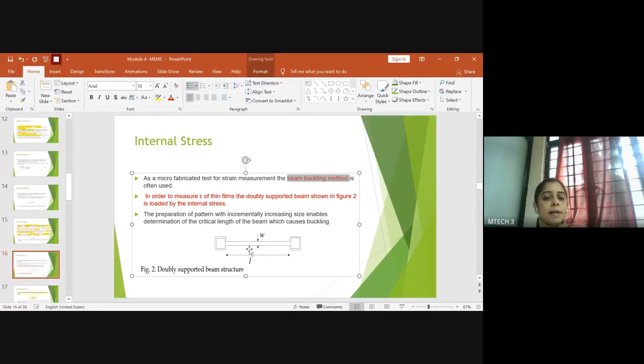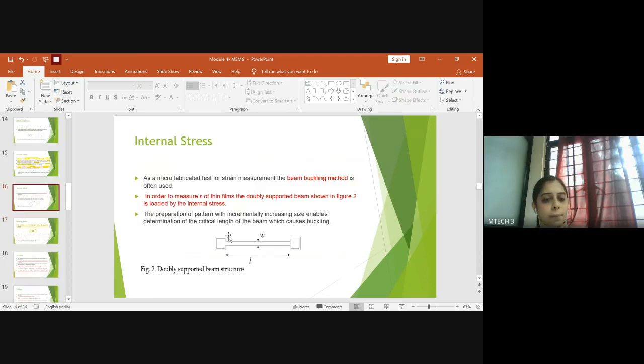It will show the buckling part of it. So you can show in the simulation how the buckling comes into the picture. So to explain the internal stress, it's always better to show a double supported beam structure and explain the importance of internal stresses. So this is about the internal stresses.